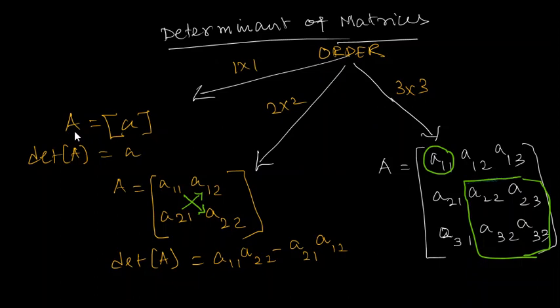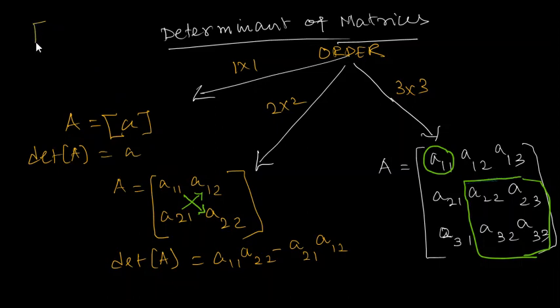Suppose when we say a matrix of 1 by 1 order, if I have a matrix which has a single element A, its determinant will also be A. That's all. Whatever value is obtained as the element will appear as the determinant value of that particular matrix A. And you should know this also.